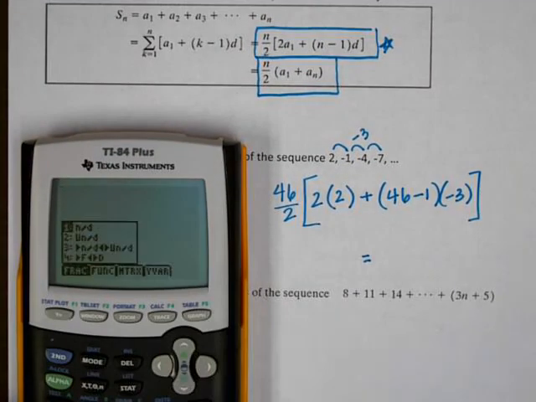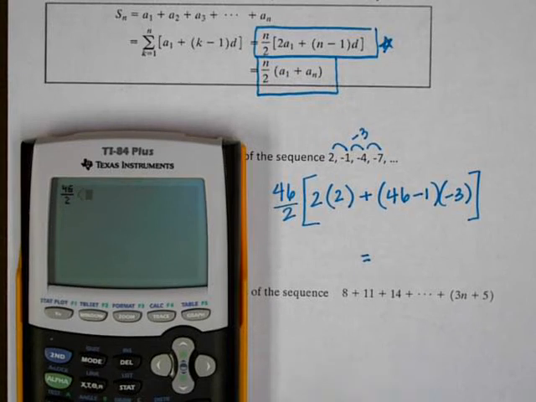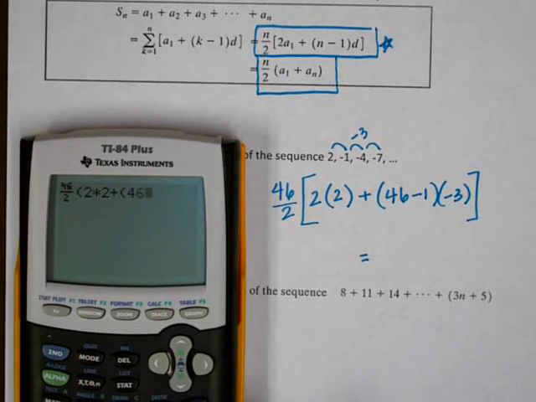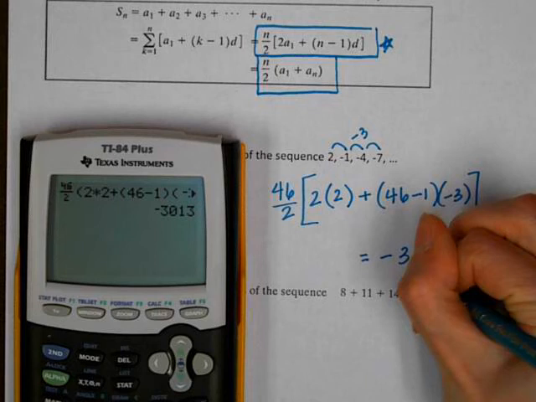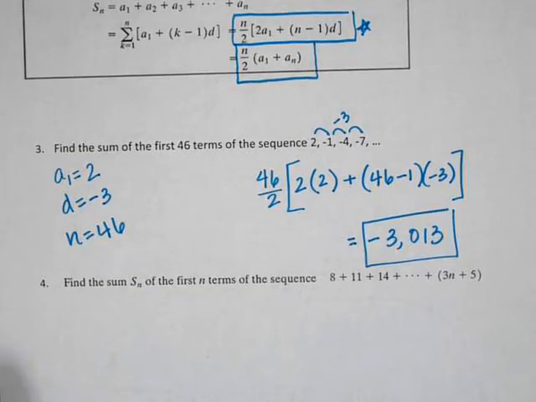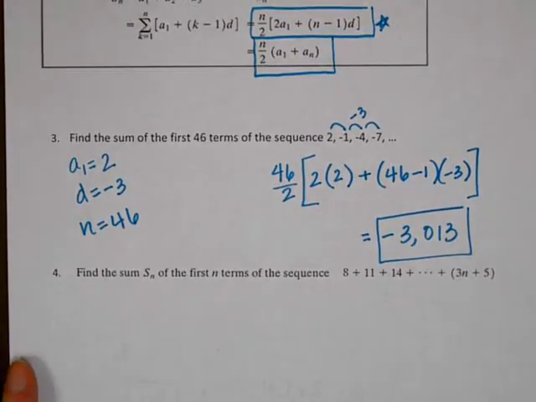All right, so let's make a fraction. 46 over 2 times 2 times 2 plus 46 minus 1 times negative 3. However you guys want to type that in, you should get negative 3013. All right, so pretty easy to just apply the formulas for these.